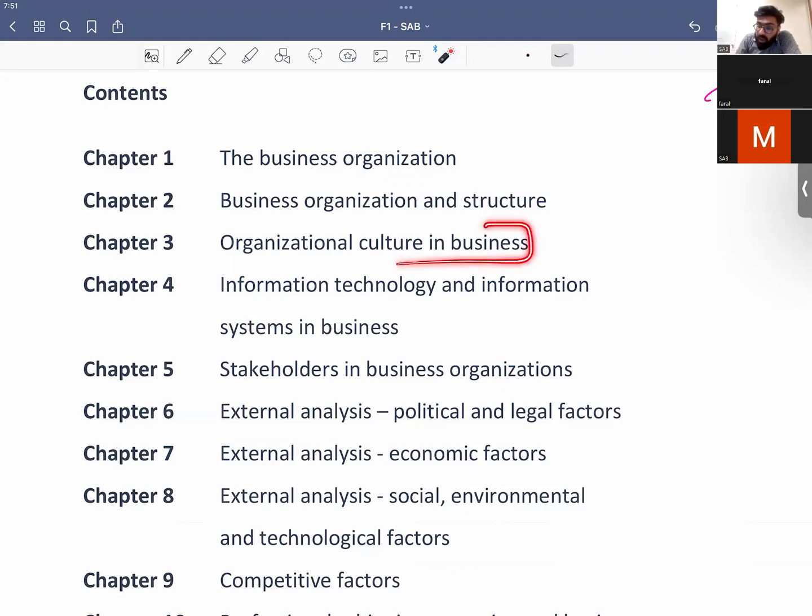Then the culture in an organization also matters. Do you know what culture is? Culture is basically the way we do things around here. I usually tell my students that it's a paper giving you corporate knowledge. When you go for an interview, or for joining a job, they don't ask you to calculate the costing.